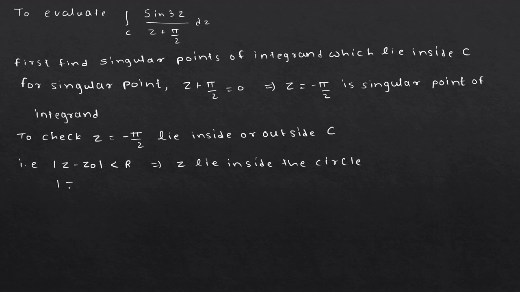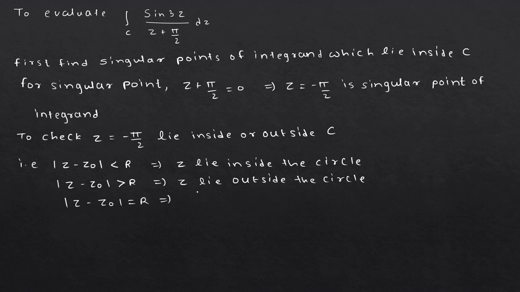If modulus of z minus z0 is greater than r, then z lies outside the circle, and if modulus of z minus z0 is equals to r, then this implies z lies on the circle.